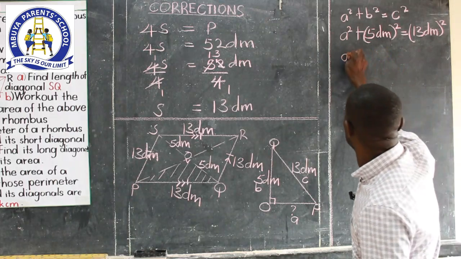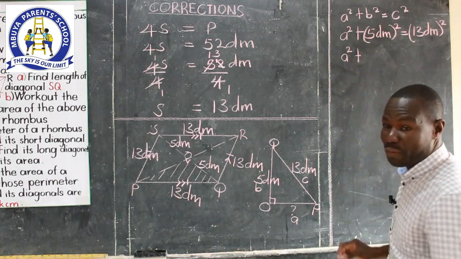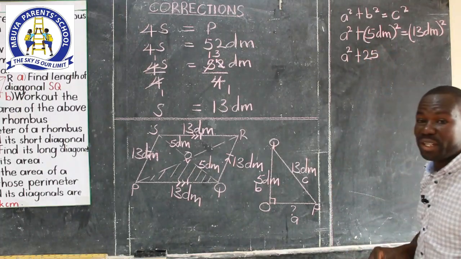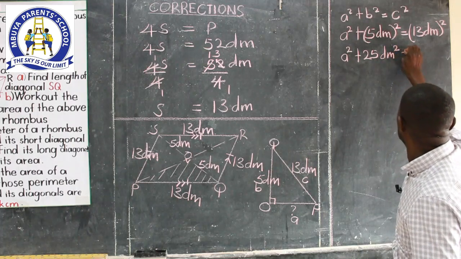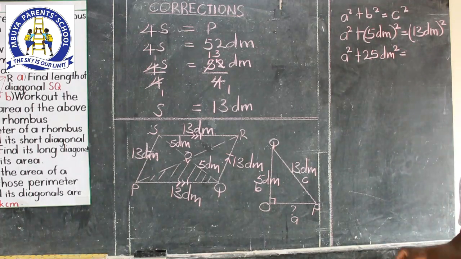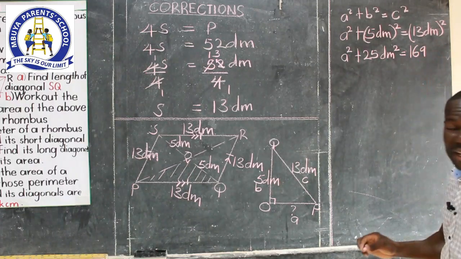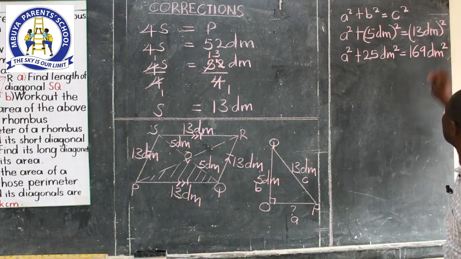Shall have our A squared. 5 squared is the same as 5 times 5, which will give us 25. And decimeter times decimeter, we shall get square decimeter, which will be equal to 13 times 13, shall get 169. And decimeter times decimeter, we shall get decimeter squared.